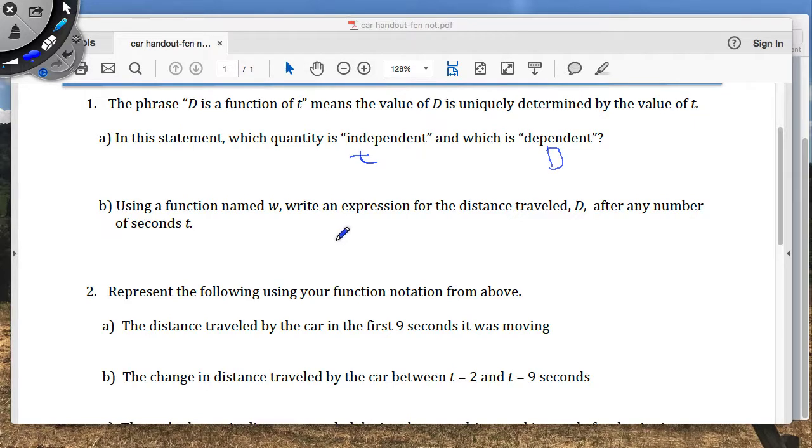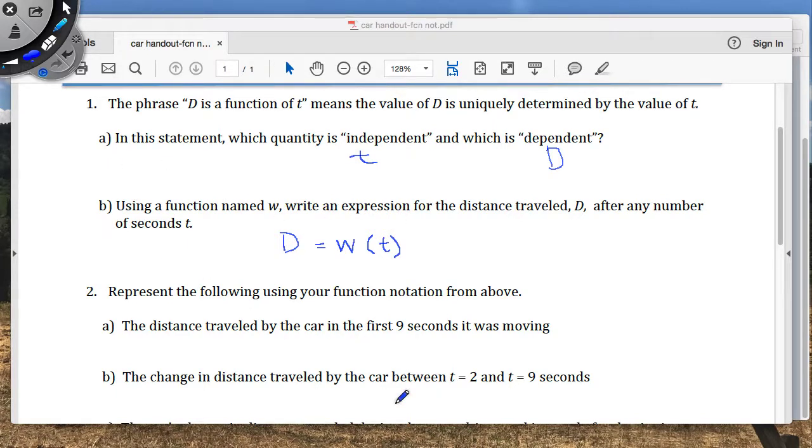W of T, yeah, so W of T, W is the name of the function with an independent variable T as the input. And this is equivalent to the dependent variable. So I could write D equals W of T. I don't have a calculation rule for this, but this defines how these quantities are related. W is the function that relates independent T to dependent D.